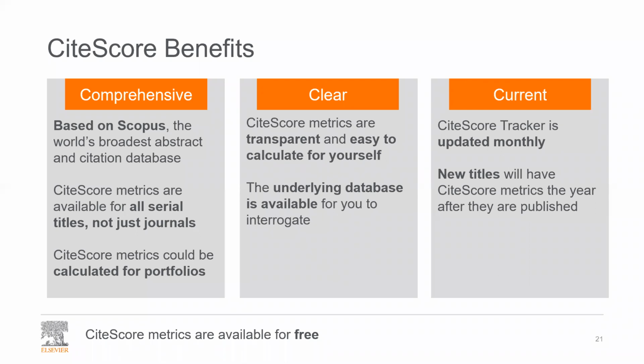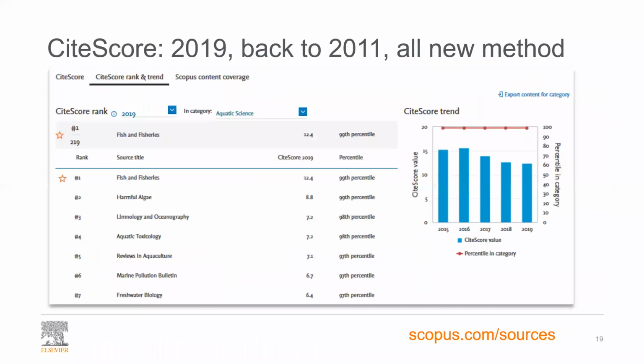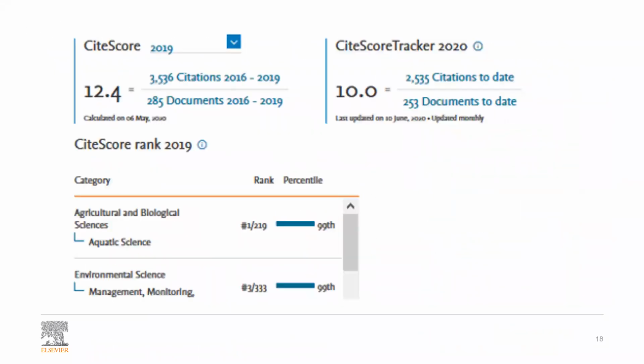And CiteScore is transparent and easy to calculate for yourself, because as I showed you here, given the citation count and the document count, you can just key in and get the straightforward number 12.4, as simple as that. And to date, you get the citation count of 2,535 divided by the 253 documents published, and you get 10, right?